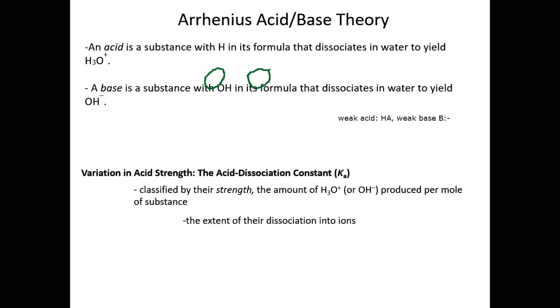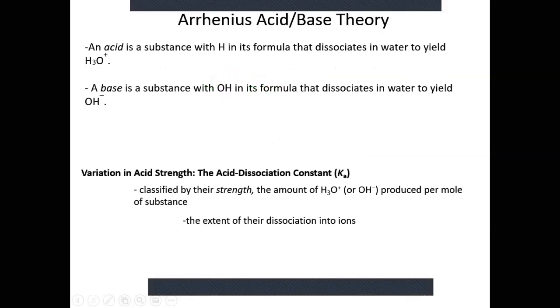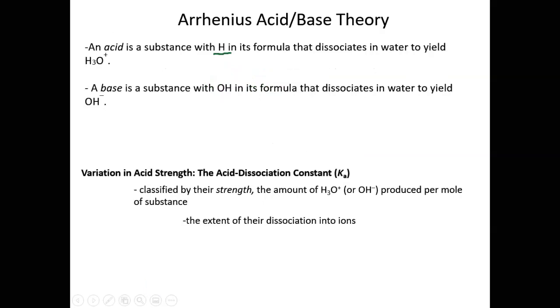One type of theory on acids and bases is called the Arrhenius theory, which is a very simple theory. Arrhenius theory states an acid is a substance with an H in its formula that dissociates in water to yield hydronium ions. So what do we mean by H? Well, this H has to be attached to a highly electronegative element.